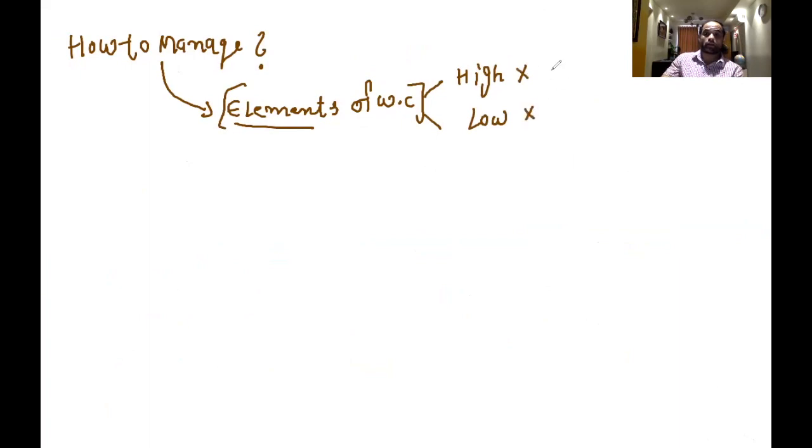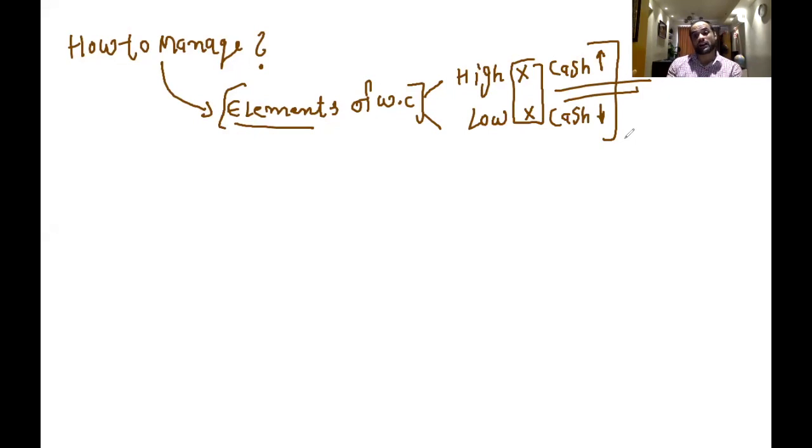For example, cash. If you're holding too much cash or too little cash, that is bad. So we need to hold the right amount of cash. If you hold the right amount of cash, you will be able to manage your working capital. Same thing for the other elements: accounts receivable, closing inventory, accounts payable, and bank overdraft.